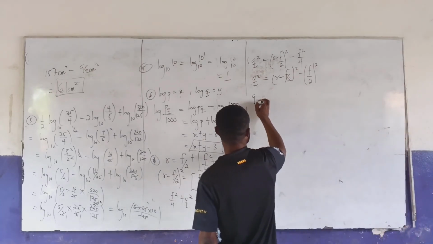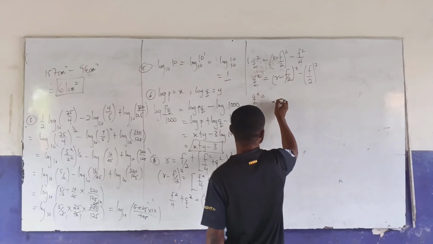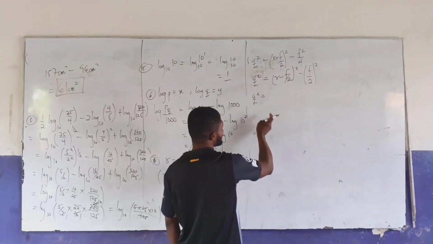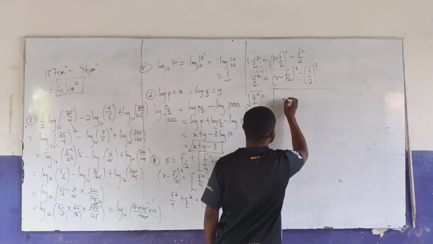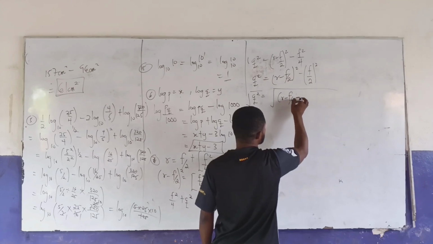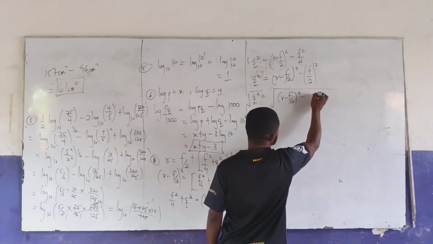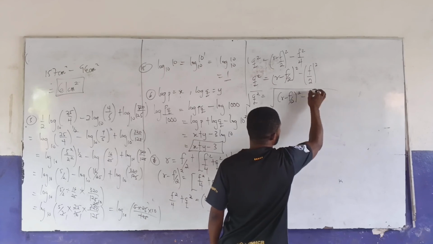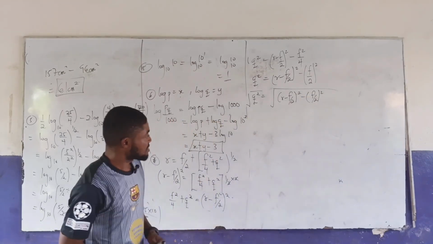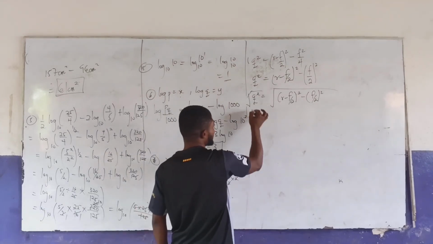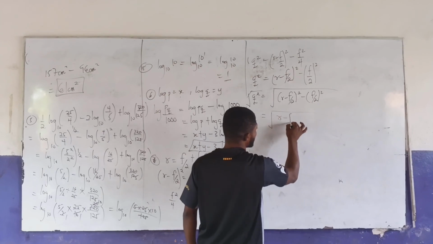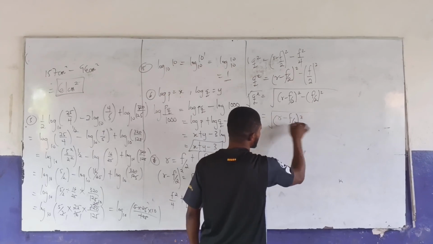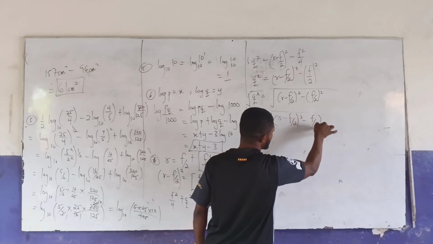Now from here I have Q squared, I want to make Q the subject, and so square root. Q is equal to the square root of R minus F on 2 all squared minus F on 2 all squared.